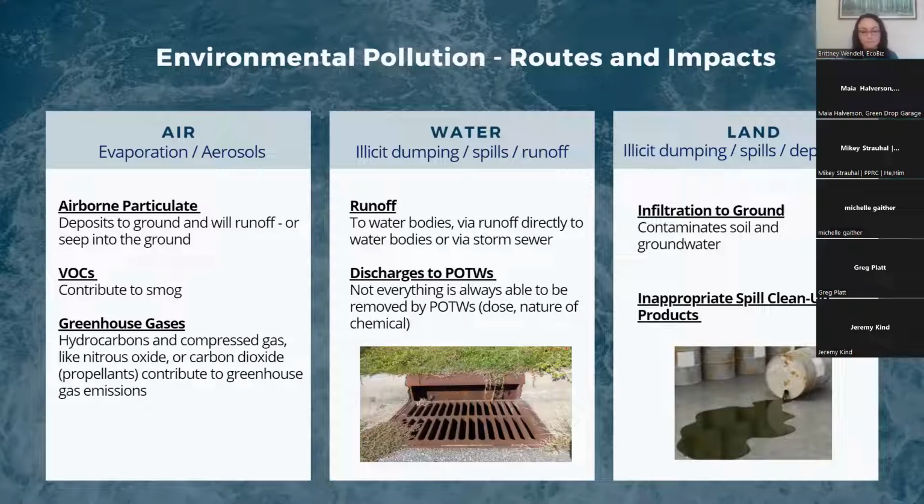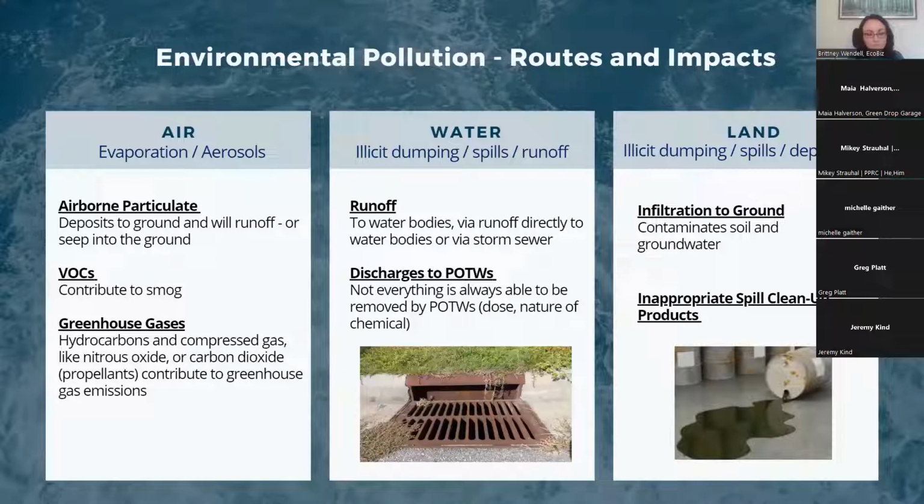So in the water, illicit dumping and spills or runoff can eventually reach waterways. And the POTWs are not able to always remove everything that comes to them in the sanitary sewer, especially if chemicals are coming in high concentrations or high amounts. I'll give you an example of a phosphorus situation in a little bit.